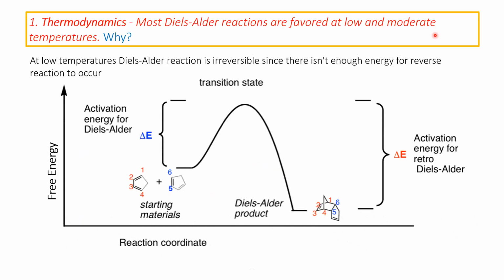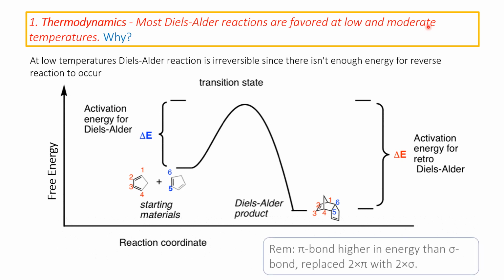So when we look at the thermodynamics, we see that most Diels-Alder reactions are favored at low and moderate temperatures. And the answer is present in this diagram, because you should note that we start off with the starting materials, and you can see that literally we lose energy getting to this product.